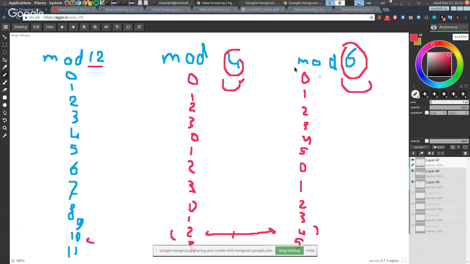So this is the residual space of this 12 and the corresponding 4 and 6. Basically each pair corresponds to one of the numbers here, a one-to-one correspondence.